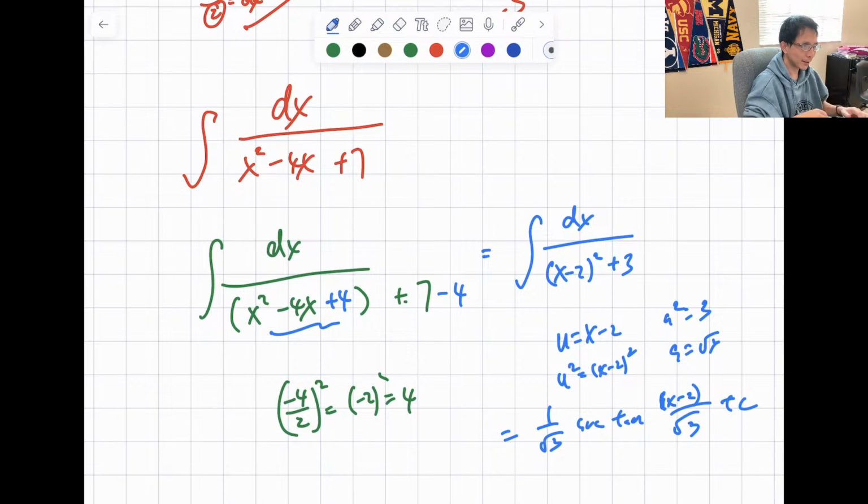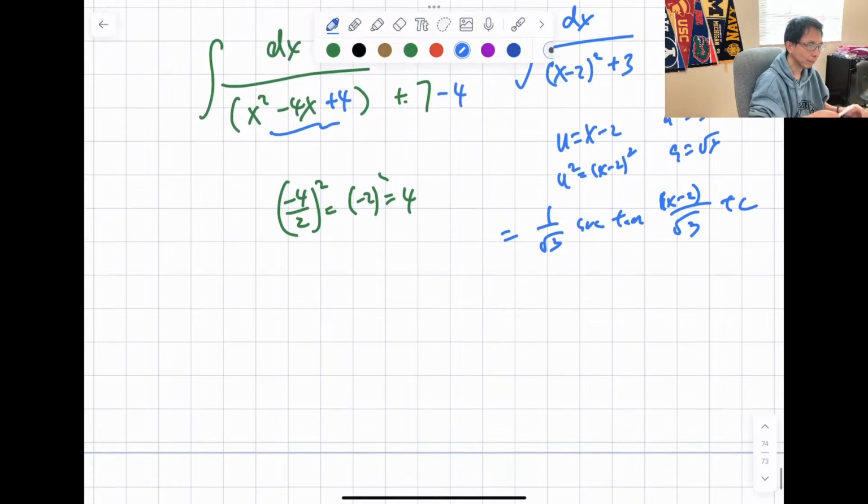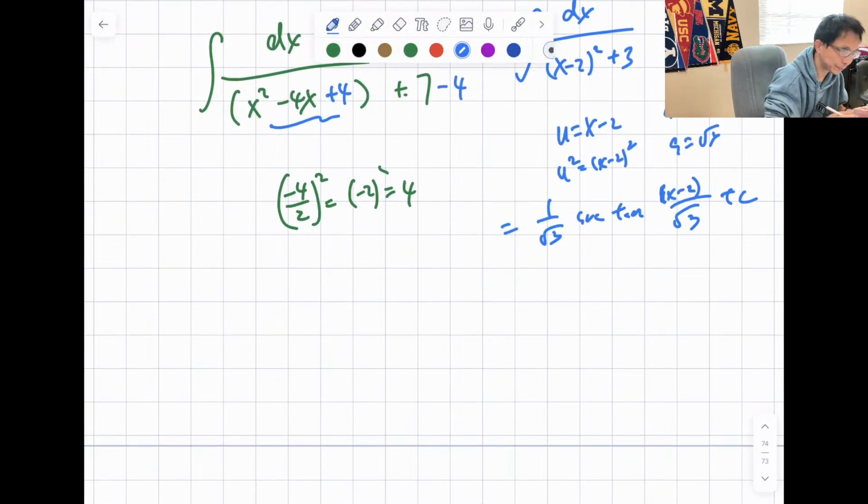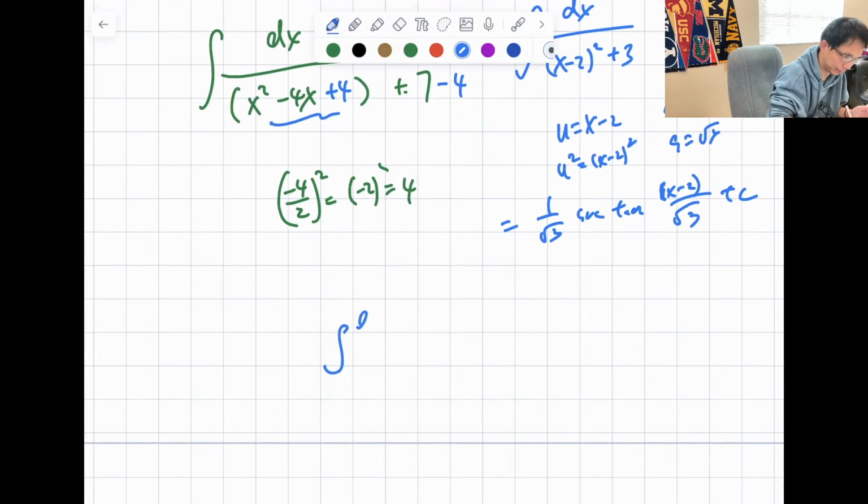Let's do something fun. Let's do a definite integral. Get stronger.